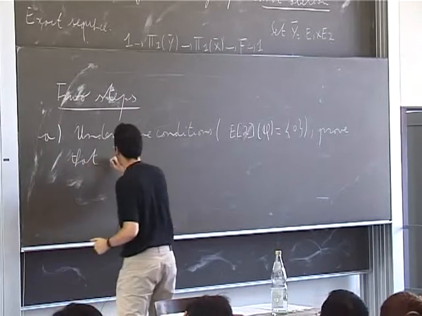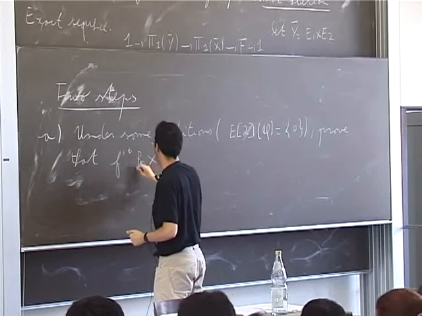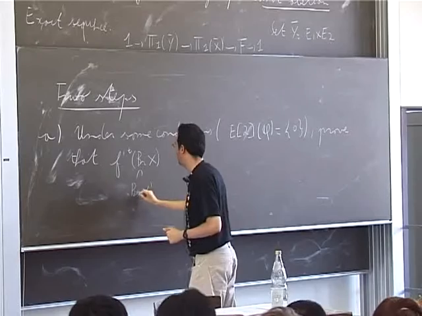So you take the pullback F prime star of Brauer X. So this is a subset of Brauer Y prime.